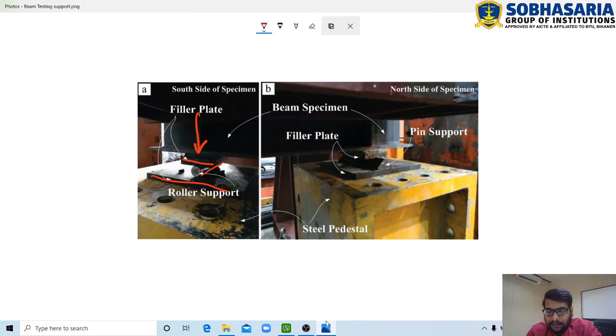Here you can see there is a triangle shaped metal on top of which the beam is loaded. So this is the pin support or hinge support.